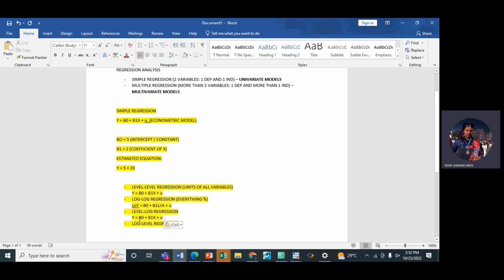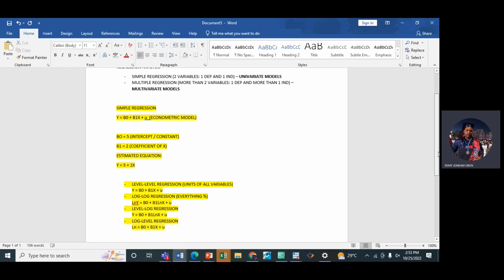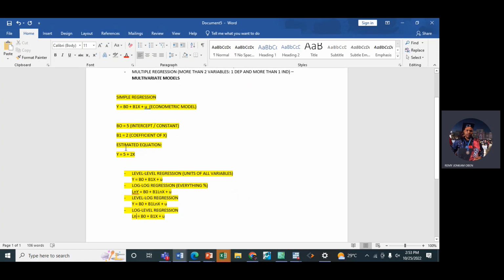For level log, it will be like this, Y level, but X will be in log. And for log level, Y will be log and X will be level. So you discover that in this our case, we assumed that our intercept is 5 and the coefficient of X is 2.